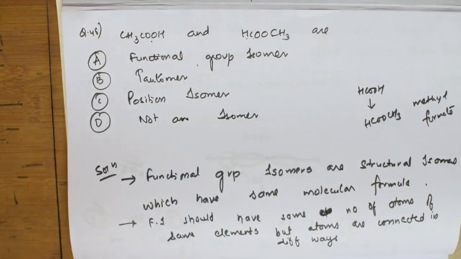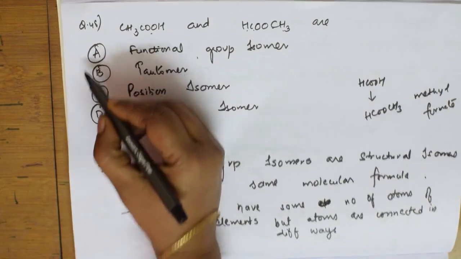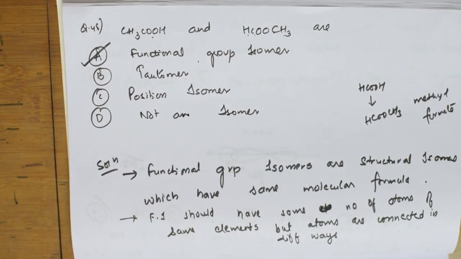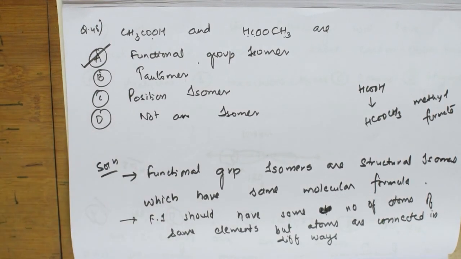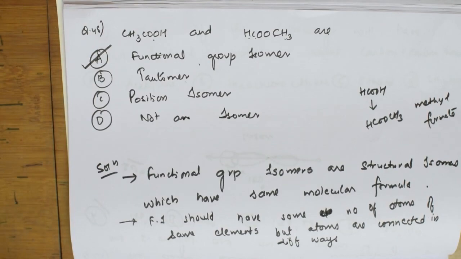Here like this. So remember that, students. Here the correct option is functional group isomers. These are the conditions you should remember for functional group isomers, so that you can easily do this, right?